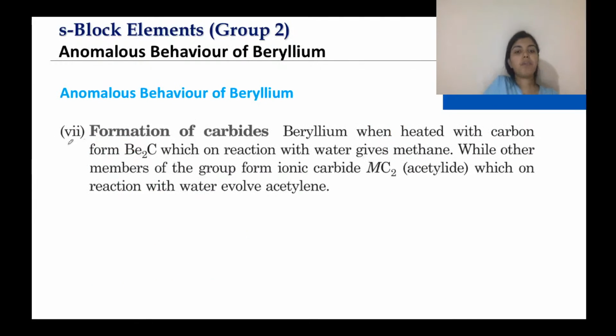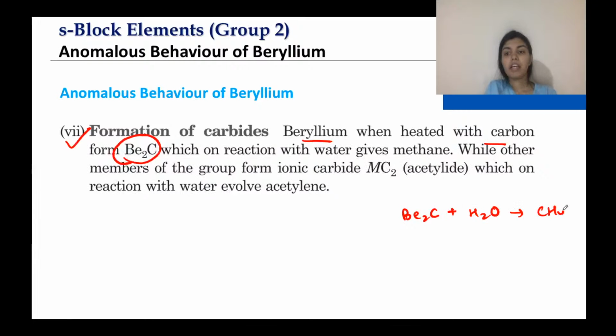Now next is the formation of carbides. So beryllium, when heated with carbon, forms Be2C, right? Be2C on reaction with water gives methane. That is why this carbide is known as a methanide.